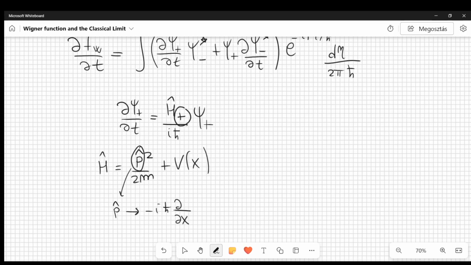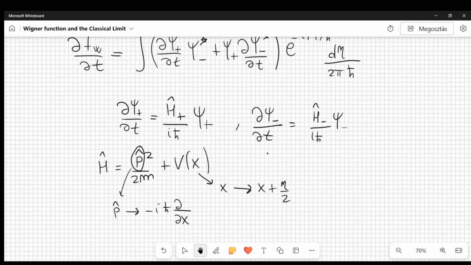And if we see a plus, we simply have to replace the x with, of course, x plus eta over 2. And similarly, we also have an equation for the derivative of psi minus with respect to time, which is the same as this one, but with the minus here. So we have h minus divided by i h bar psi minus.